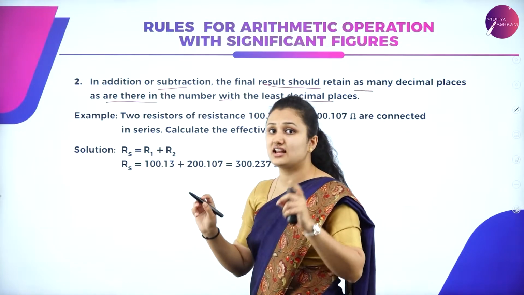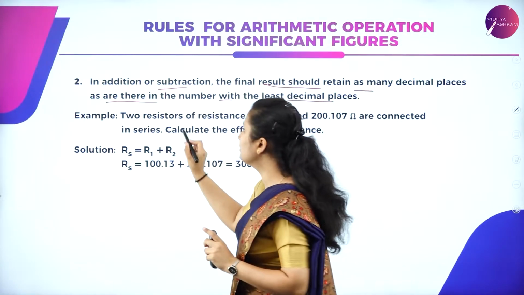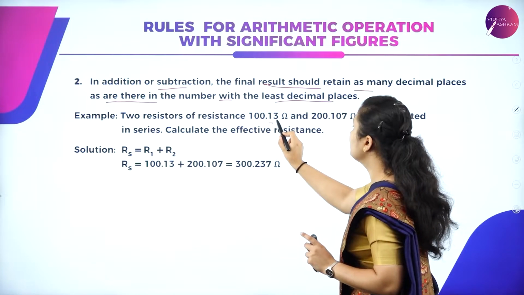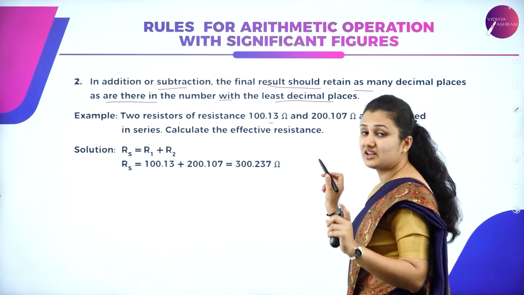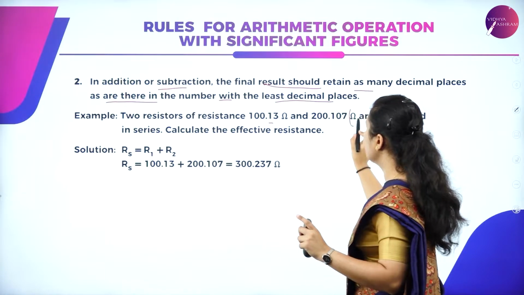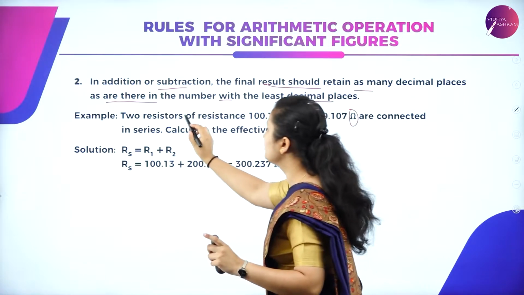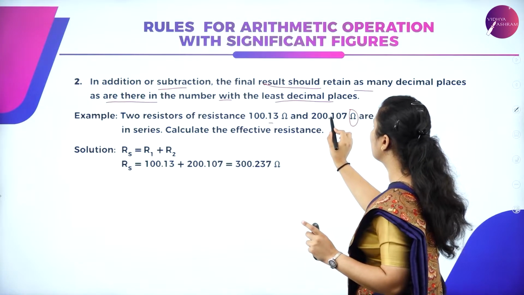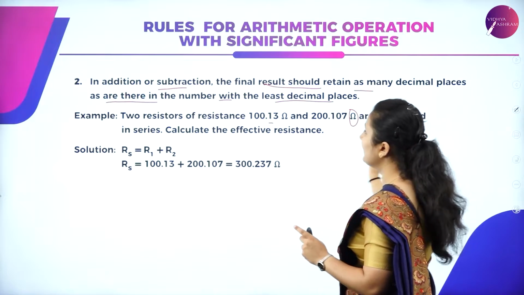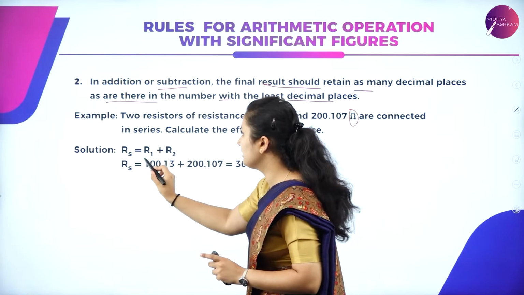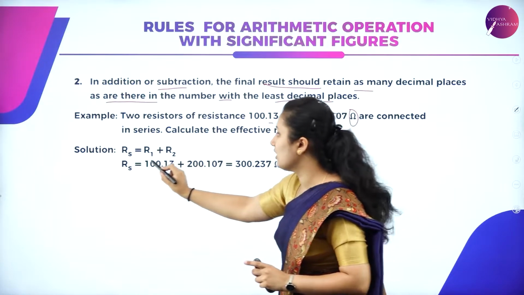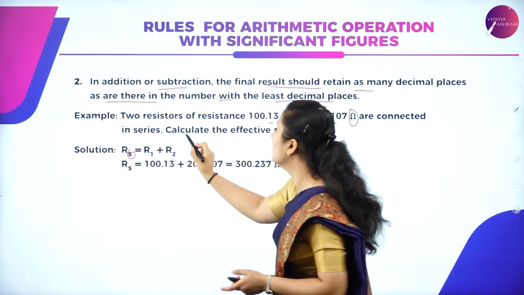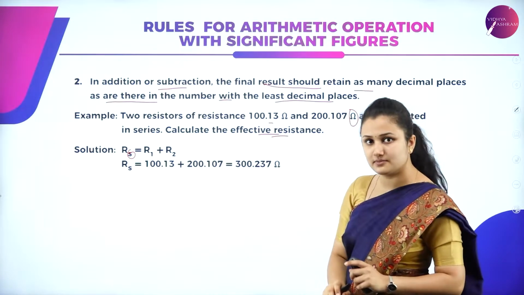Let us try to understand this with an example. I have two resistors, R1 and R2. I said in the previous session that the SI unit for resistance is ohm. I have two resistors of resistance 100.13 ohm and 200.107 ohm connected in series. I know the formula for series is RS equals R1 plus R2. Calculate the effective resistance.